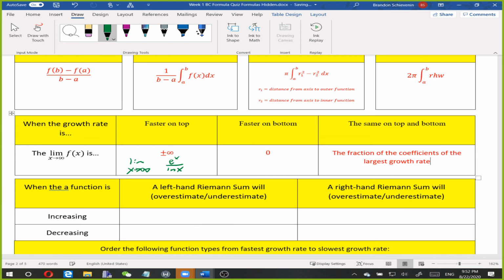Because exponentials grow faster than logarithms, I know that my top is growing faster. So this should approach either positive infinity or negative infinity, depending on the sign. If I plug in positive infinity right now, I'll have positive infinity over infinity. So this is approaching positive infinity, since my signs are both positive.